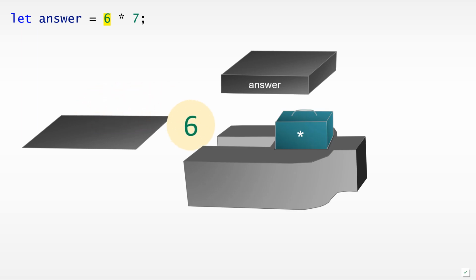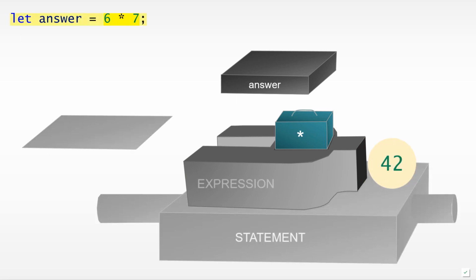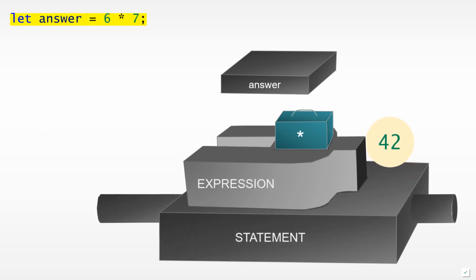The number 7 would be the other input in our multiply operator. And then we would have a final result of 42. And it would be the number 42 which would then be assigned as the value in our answer variable. The multiplication of the two numbers and the assignment of the value to the variable would represent a single statement, a single action.